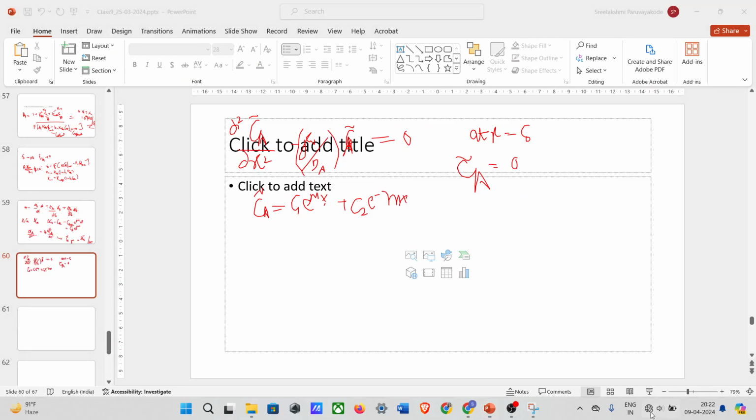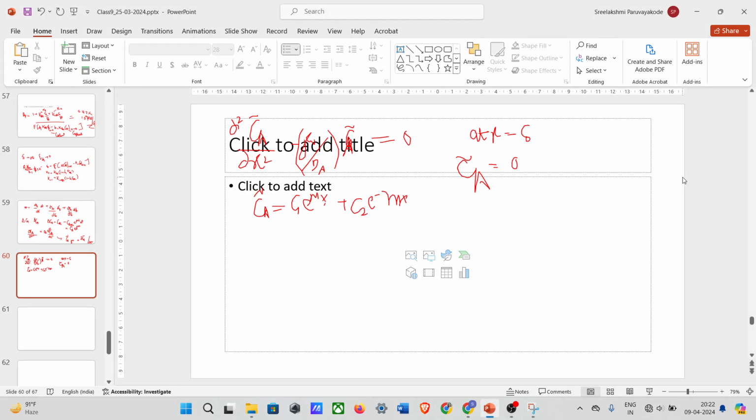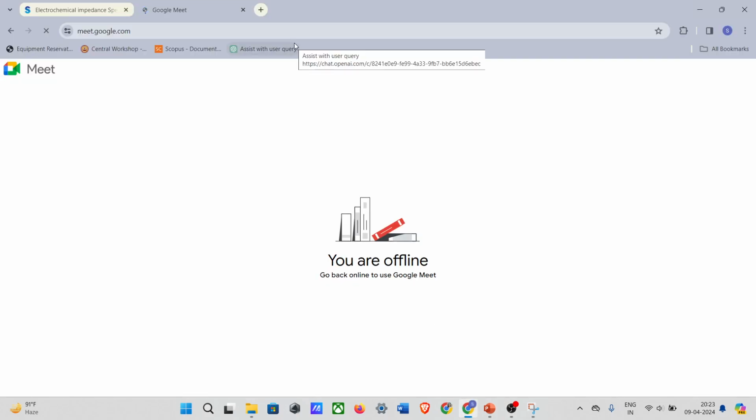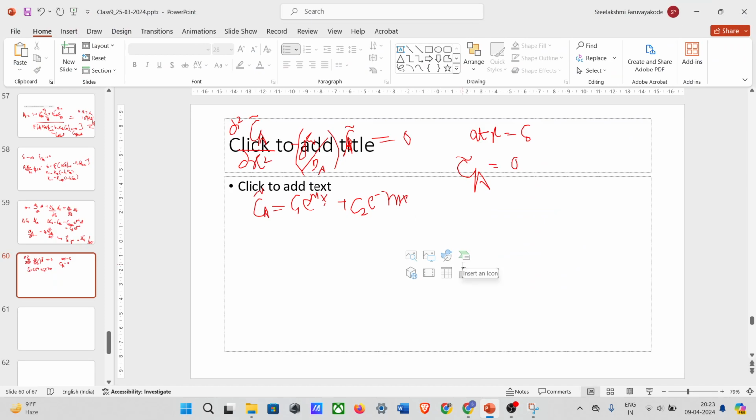I'll just check if the net is getting connected also. Just give me a moment, then I'll log into that.